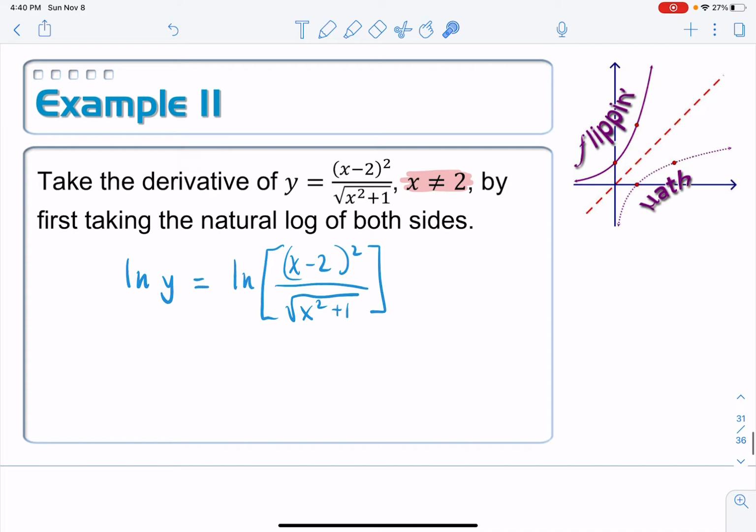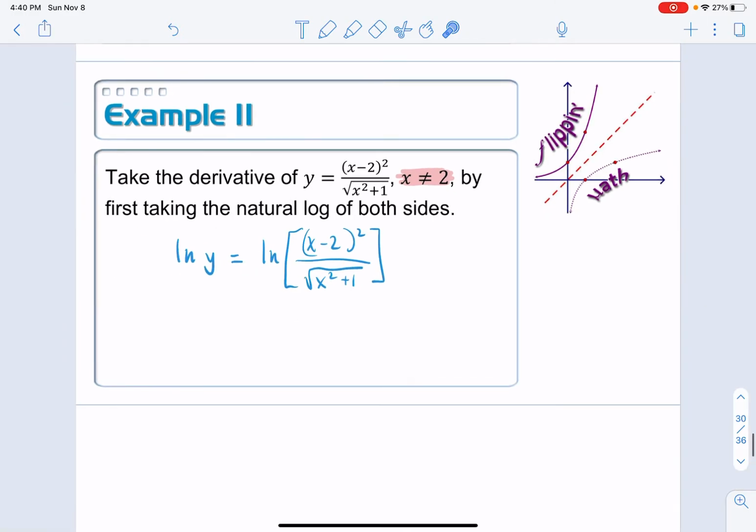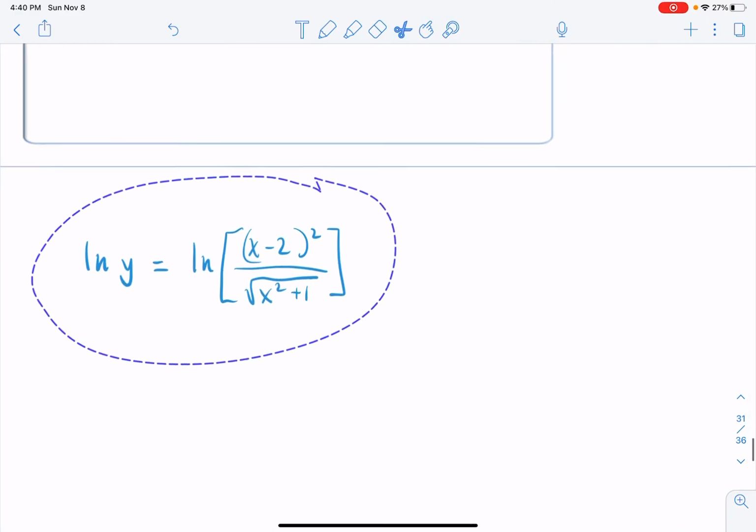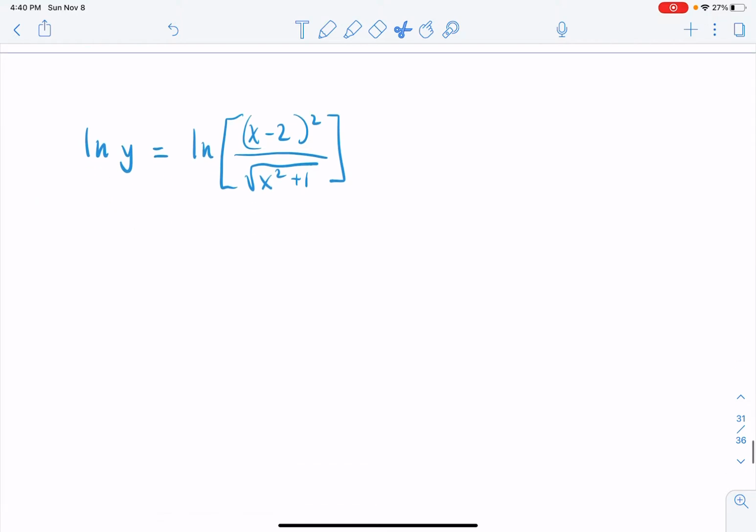All right then, now that that's out of the way, let's now use some properties of logarithms over here on the right-hand side and expand this thing out. But first, this gets moved down so I have more room. Bring down the natural log of y, and then I will see if I can do this in one go. This 2 is going to come out of the natural log.